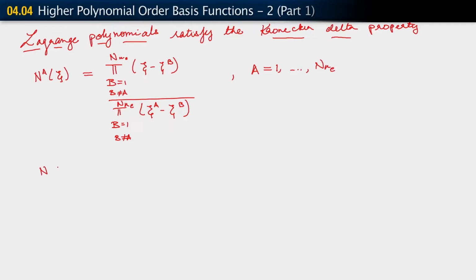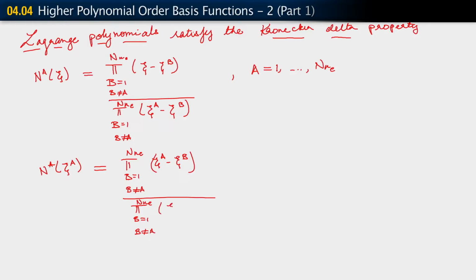Let's check this out. From the Kronecker delta property, if we have N_A of xi_A, just substituting xi equals xi_A in the formula above, we see very clearly that N_A of xi_A equals the product over B equals 1 to the number of nodes in the element, B not equal to A, of xi_A minus xi_B, divided by the product over B equals 1 to the number of nodes in the element, B not equal to A, again of xi_A minus xi_B.